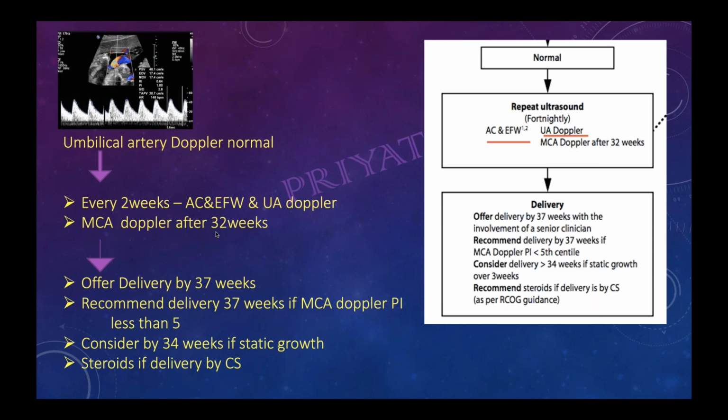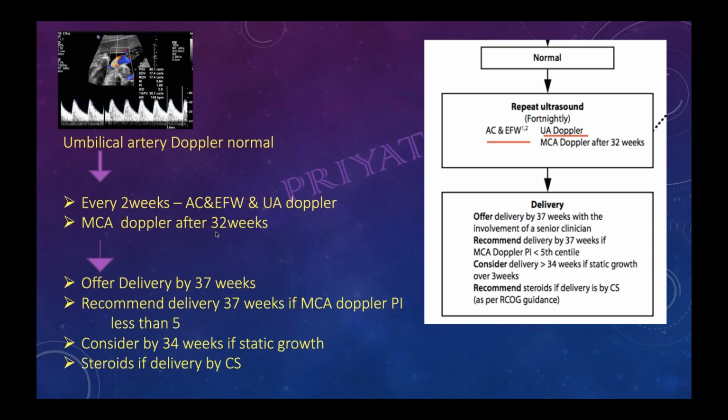Then your monitoring is going very well, and at every monitoring you find that the umbilical artery Doppler is normal. But you have to do something; you can't let this pregnancy grow continuously. So you will offer delivery by 37 weeks.